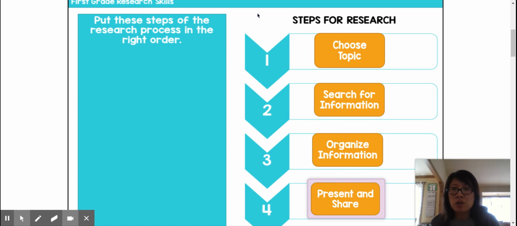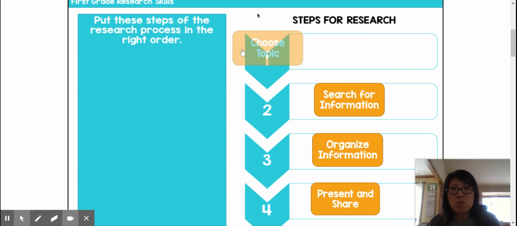If you ever been to a third grade president's report, you know how they present about their presidents in the hallway. Well, that's a way to share what they've learned with other people. Okay, so those are the four steps of research.